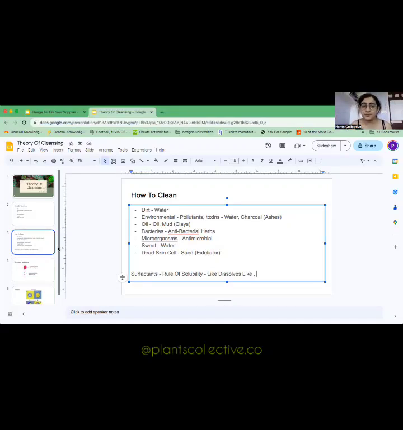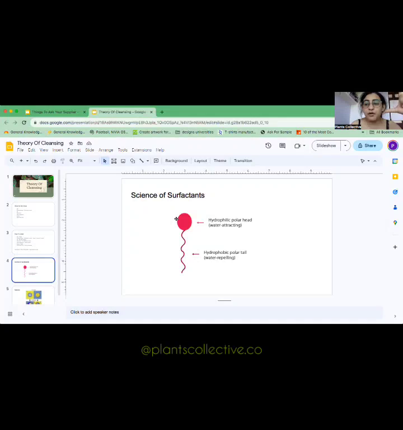So let's exactly understand what a surfactant is. A surfactant is a type of molecule. If you see, this is a surfactant molecule, wherein one molecule contains a hydrophilic polar head. That means the head of the surfactant likes water and attracts towards water.